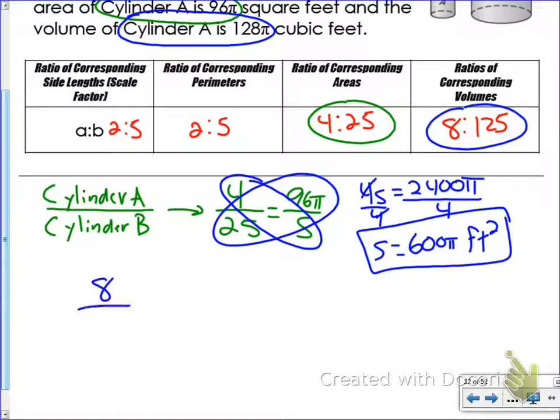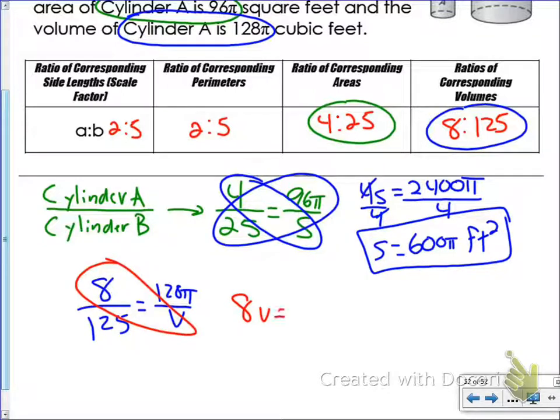So 8 over 125 is the ratio of volumes, is going to equal the volume of cylinder A, which is 128 pi, over V, which we'll call the volume of cylinder B. And again, we're going to cross multiply to solve. 8 times V is 8V. 125 times 128 pi will be 16,000 pi.